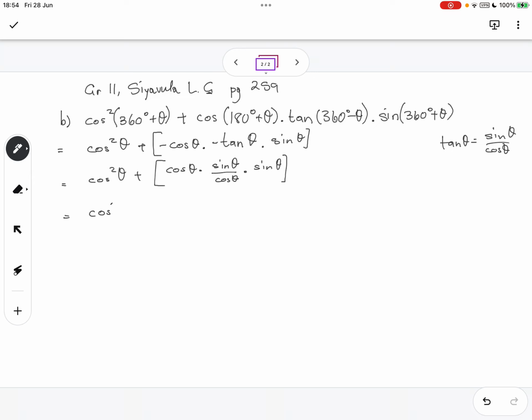This gives us cos squared theta plus these two divide each other out to give us 1. So we're only left with sine theta multiplied by sine theta, and that gives us sine squared theta. And guess what? This is 1, which is a square identity.